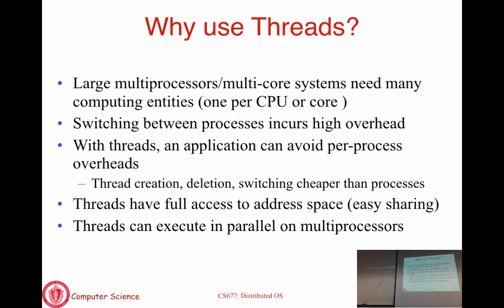So thread management is much more efficient than traditional process management. When you have large applications that need lots of different modules, building them as threads will give you lower system overheads. If you have processes, you have to partition them into independent processes, and there will be higher overhead. That's the takeaway there.